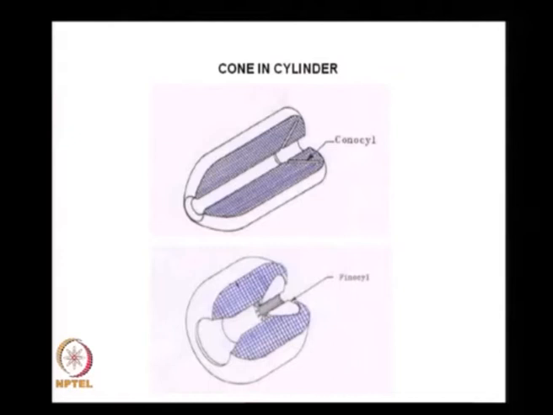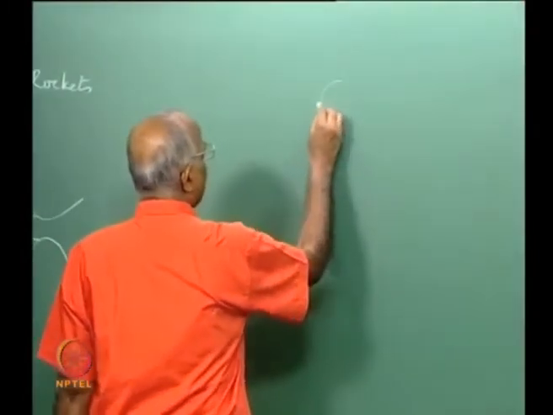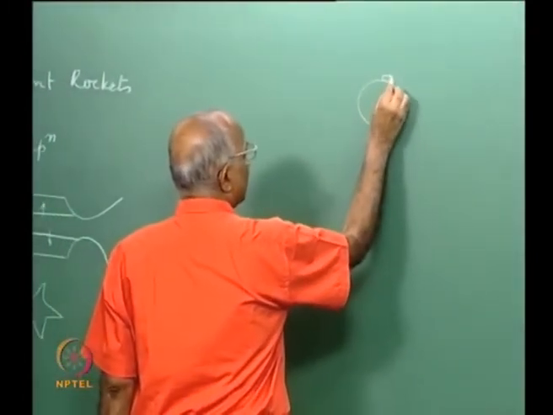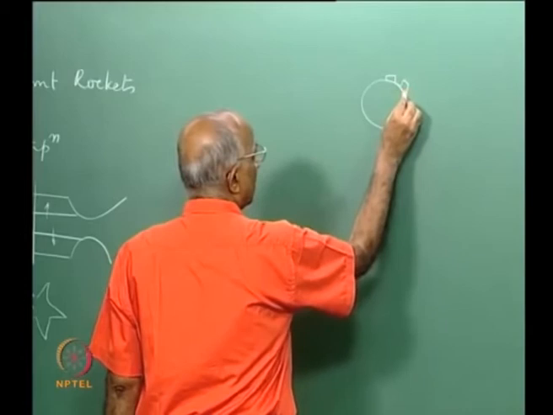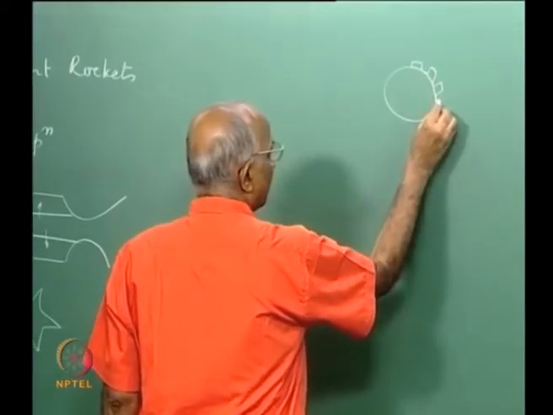In addition to having a cone in a cylinder, I could also have a cone like this, and this cone has this cylindrical portion. In the cylindrical portion, I make ribs like what I show here. In the section shown, I make ribs like this, something like fins.